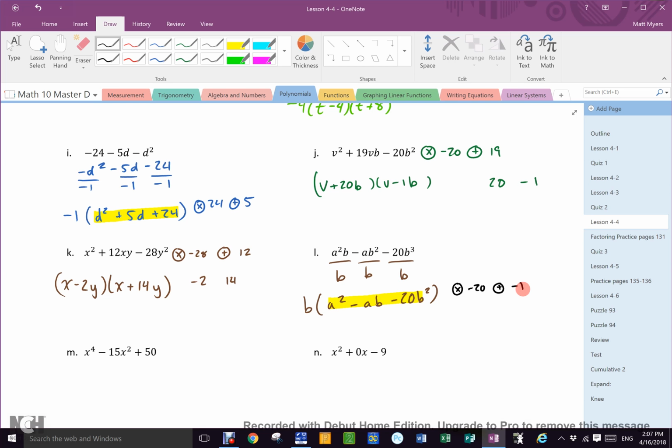Is it 4 and 5? Yes. How? Negative 5. Right. It is 4 minus 5. So it's B, A plus 4, what? B, and then A minus what? 5B. Can everybody do L?